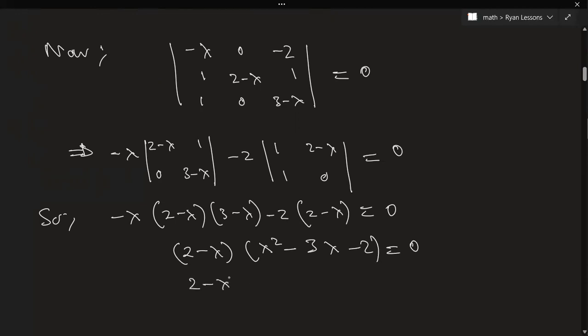So we have 2 minus lambda. Then we need factors of negative 2 which give us negative 3. Do there exist any factors of this, or did I mess up here?